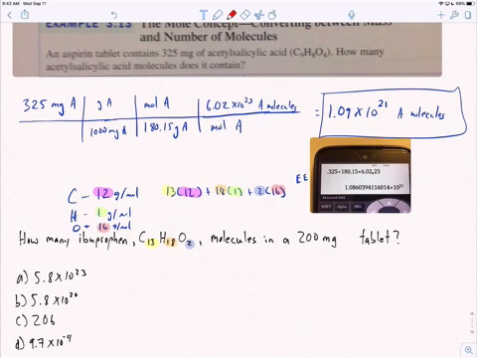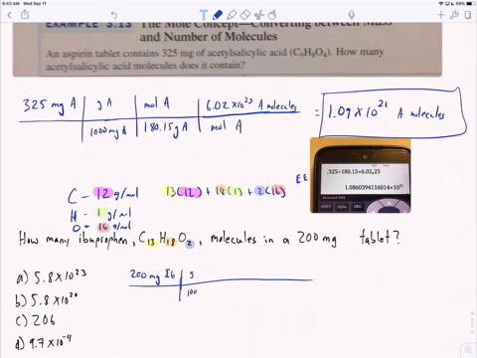Yeah. So, okay, I've got my molecular mass. It's 206. Now what do I do? So form the grid. Same idea. 200 milligrams ibuprofen, gram to 1,000 milligrams.